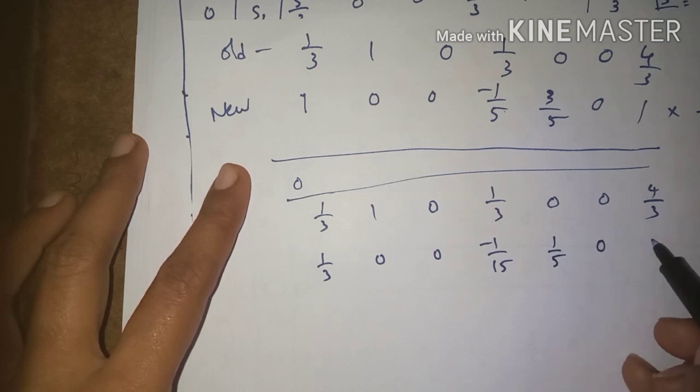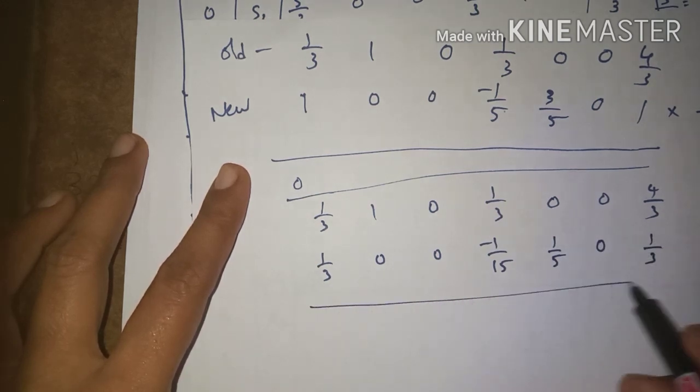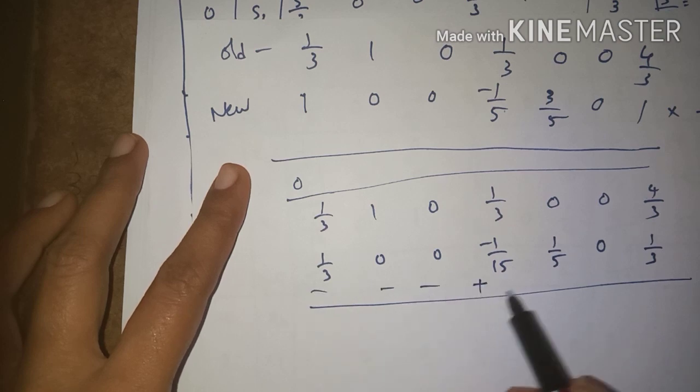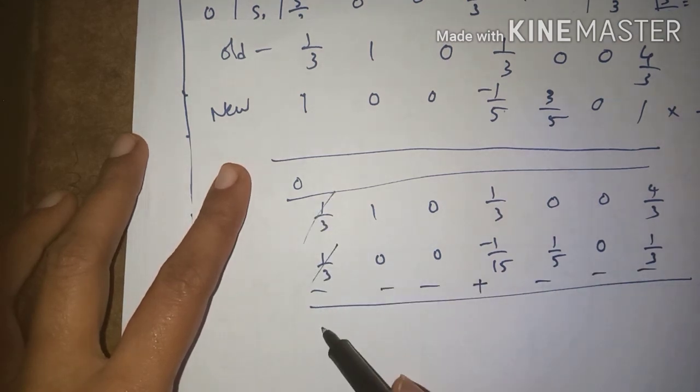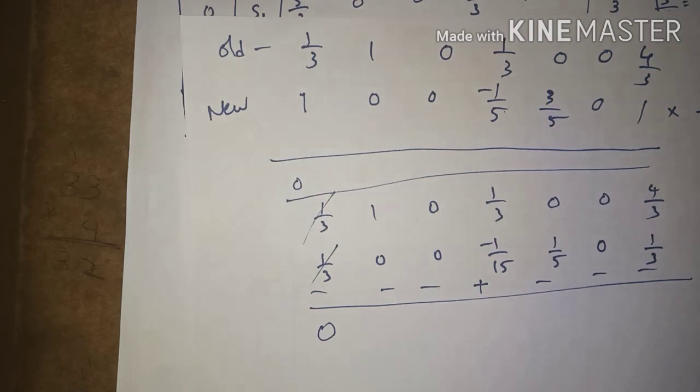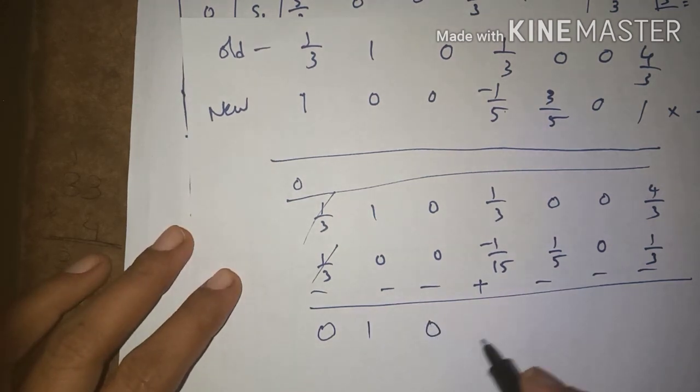0, and 1 by 3 into 1 is 1 by 3. Subtracting: 1 by 3 minus 1 by 3 is 0. 1 minus 0 is 1. 0 minus 0 is 0.